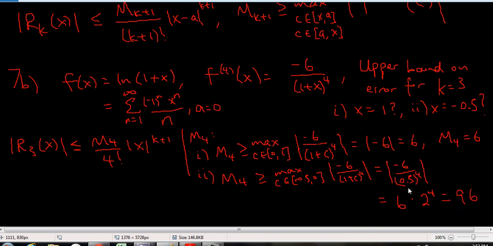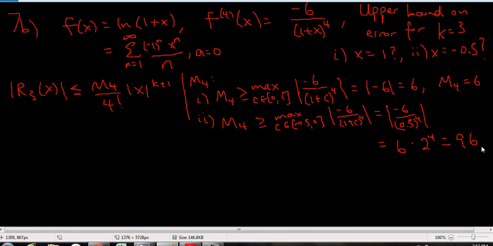Right? 0.5 is 1/2, so it's like I flip it on the top, so it's 2 to the 4. If you don't believe me, check it on your calculator. All right, so for this one, I would pick M4 to be 96. So let's see what happens when we actually try to calculate this R3 of x.